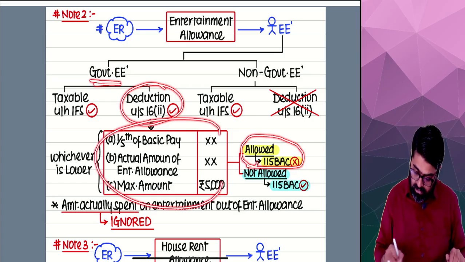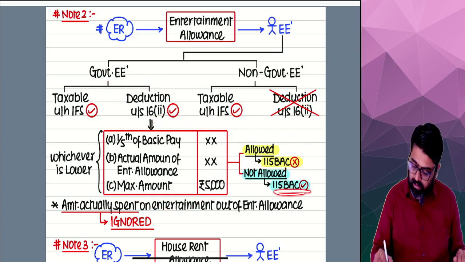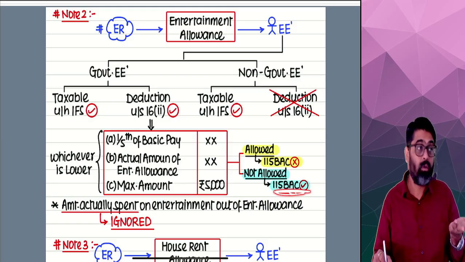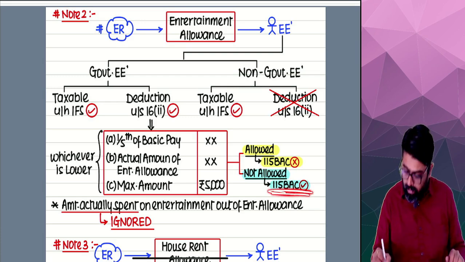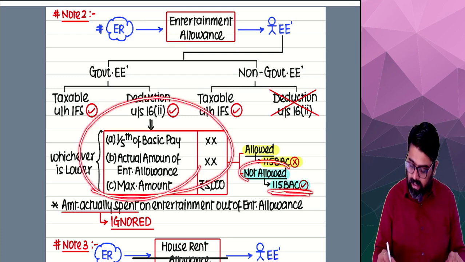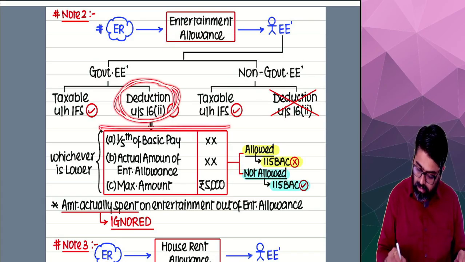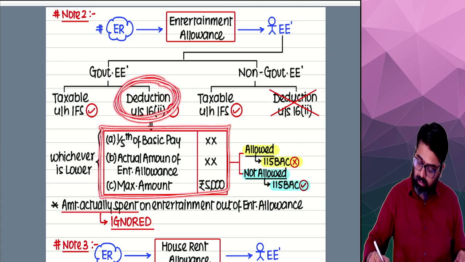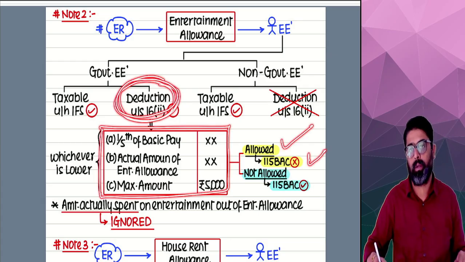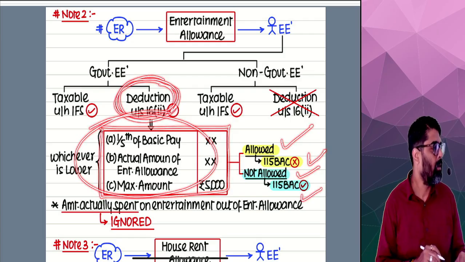Then this deduction will be allowed. And 115BAC tick mark means 115BAC followed. If 115BAC is followed, then this deduction is not allowed. So I am talking about the deduction, which is A, B or C, whichever is lower. This deduction will be allowed if you don't follow 115BAC. This deduction will not be allowed if you follow 115BAC.